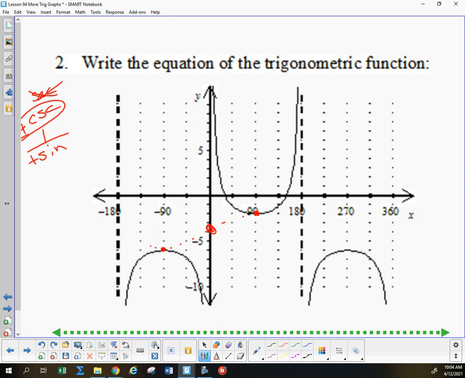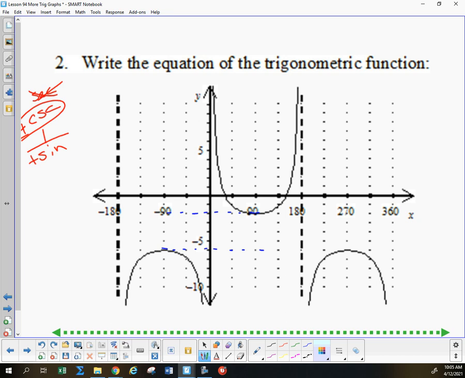Okay, let's get rid of what I put in there that I wasn't being real accurate with. And now let's be a little bit more accurate with max, min, and center lines for this one. So my maxes would have to go right there. My mins would have to go right there.